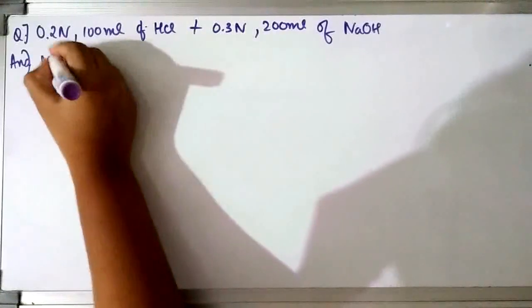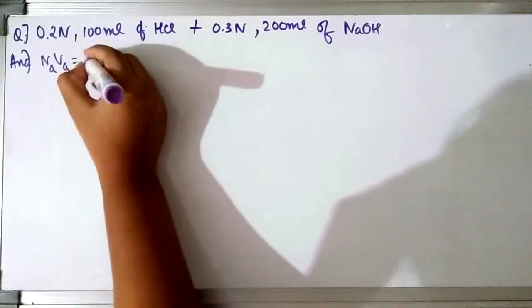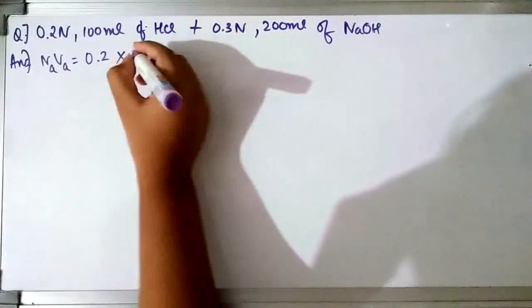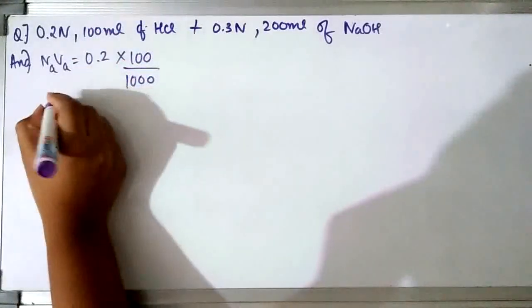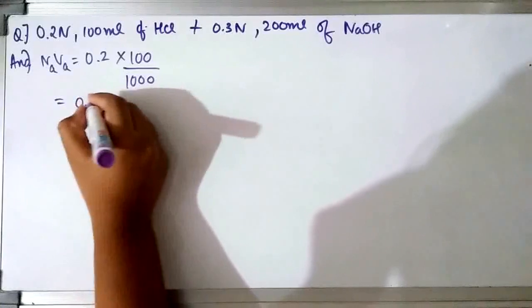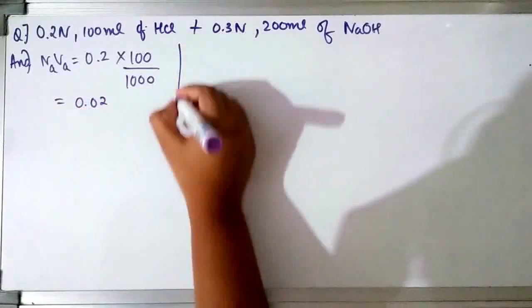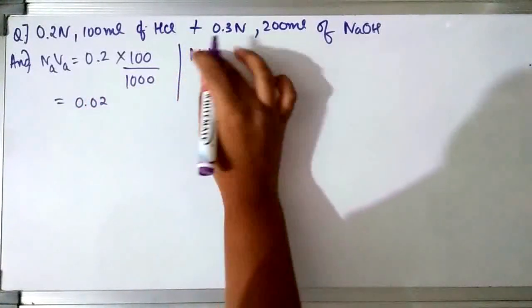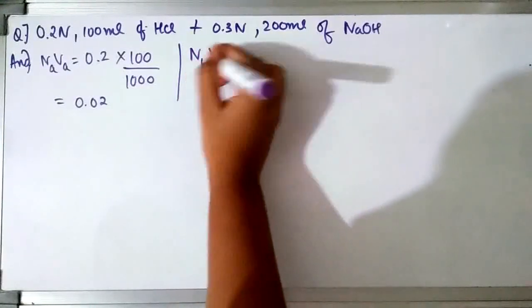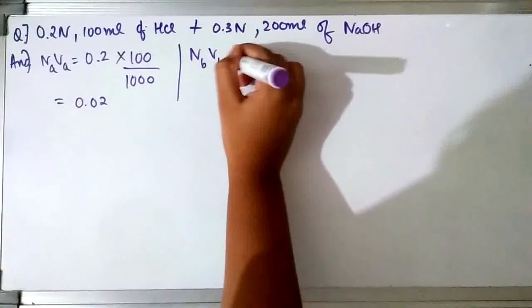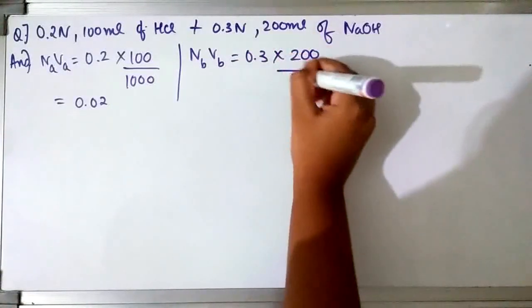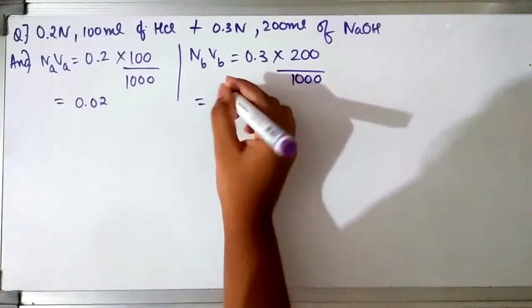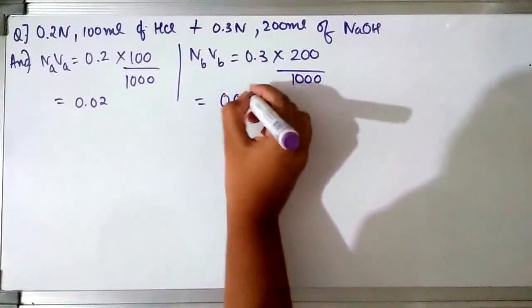So first we will calculate the gram equivalent of acid. Na into Va is 0.2 into 100 by 1000, which will be equal to 0.02, and the gram equivalent of base, NbVb, will be equal to 0.3 into 200 by 1000, so that is equal to 0.06.